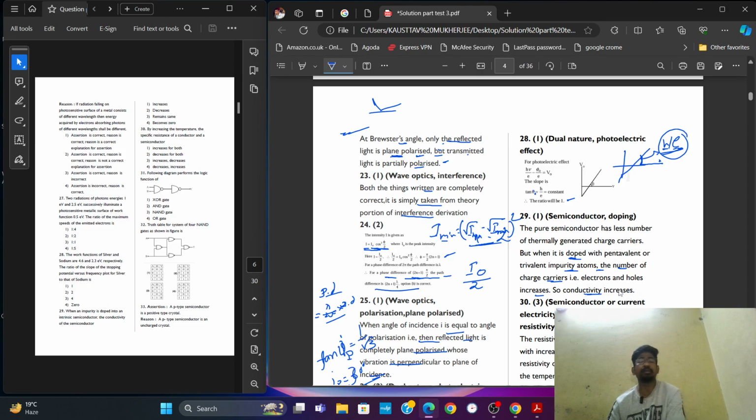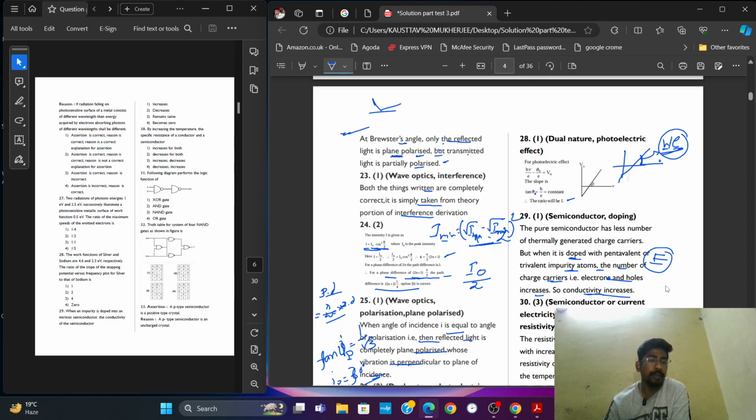So therefore, the conductivity increases. The main purpose of doping is to increase the mobility of the charges and also to increase the charge density in the semiconductor. As the number of charges increases, conductivity also increases, right? So therefore, option 1 will be correct.